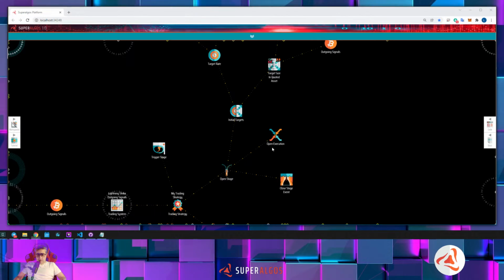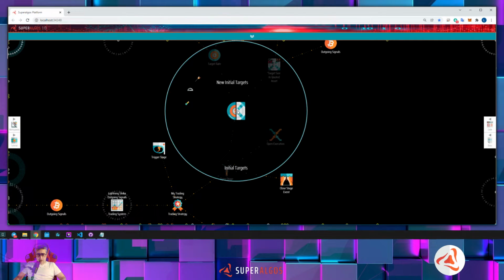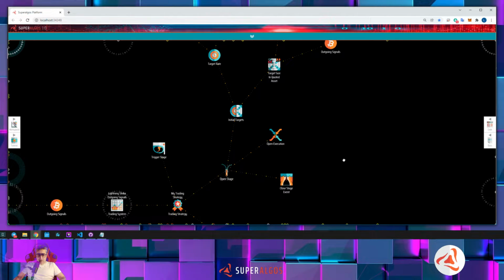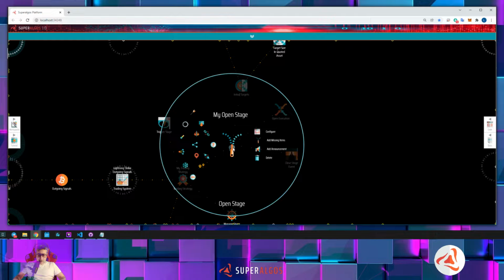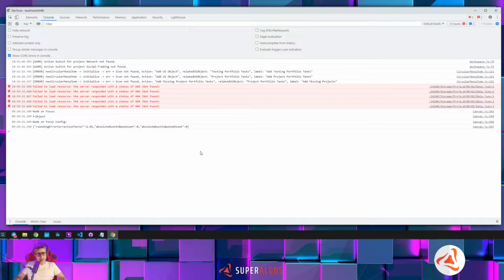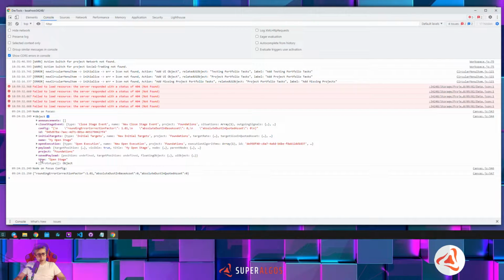So there are two ways to verify. One is using this trick. Look, I get into this node, Control Shift Alt F12, then F12, getting into the browser's console, and I have logged the object that it was on focus, node on focus, and initial targets is the property name.